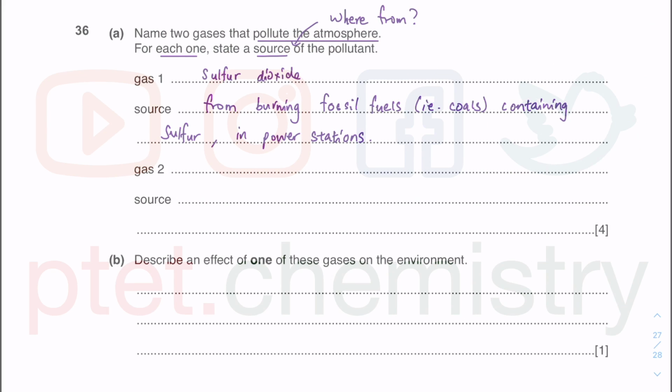As for your gas number 2, you can be thinking about oxide of nitrogen, such as nitrogen monoxide or nitrogen dioxide. Nitrogen dioxide is NO2. You cannot give NO2, you cannot give the formula because they want the name. So nitrogen dioxide comes from the combustion engine of cars.